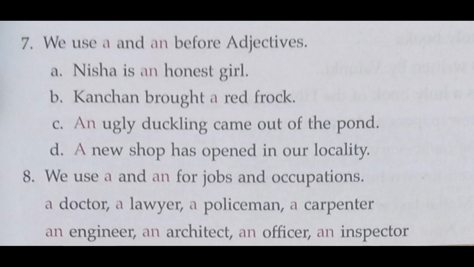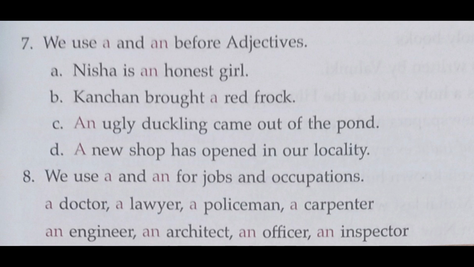Next, articles a and an are used before adjectives. For example, Nisha is an honest girl. So, honest is an adjective, so we have used the article an before honest. If we say Kanchan bought a red fork, here red is an adjective, so we have used the article a.